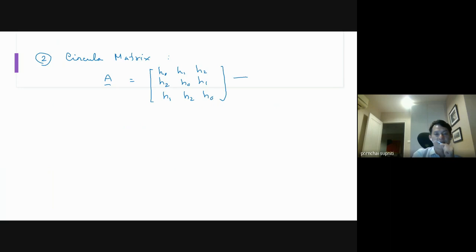So this is shifted to the right. It's the first row shifted to the right, and this one is the second row shifted to the right as well.